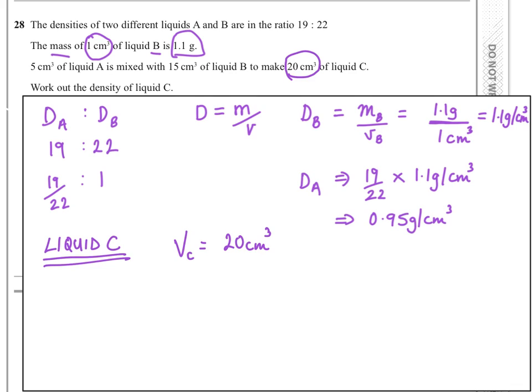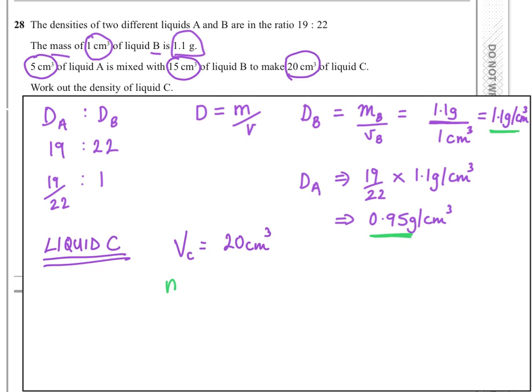Now, we know that the mass of this liquid C is made up from 5 centimetre cubes of liquid A and 15 centimetre cubes of liquid B. So we know the relative densities for B and A now. So for each 1 centimetre cube we're going to have 1.1 grams per centimetre cube for liquid B and only 0.95 grams per centimetre cube from liquid A.